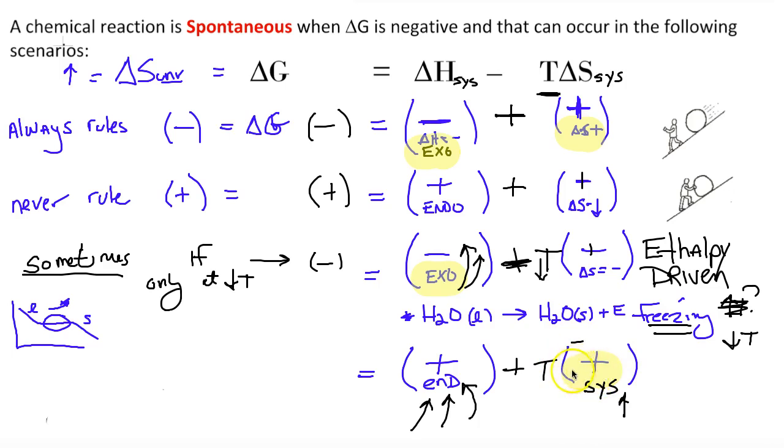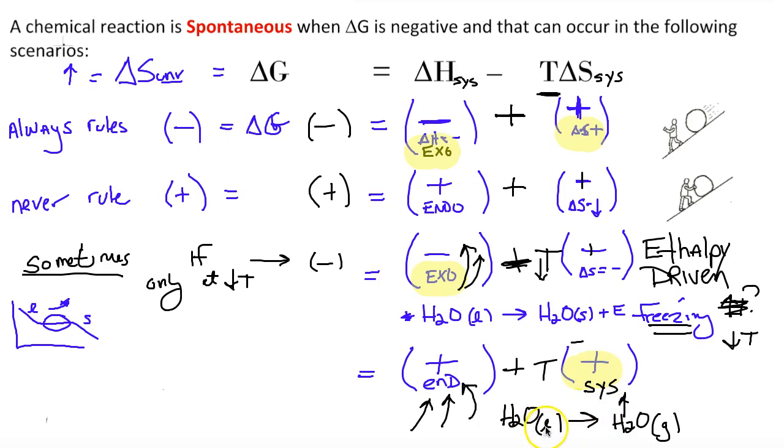So where is an example, another phase change really helpful here, where something is endothermic, but the system's entropy is increasing? Well, how about H2O liquid going to H2O gas, the heat of vaporization. A liquid going to a gas is a tremendous increase in the system's entropy. That's why it's positive.